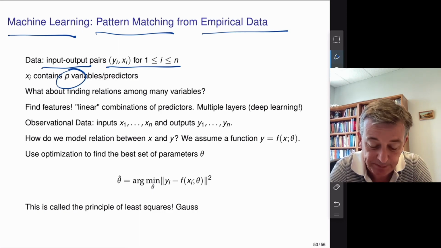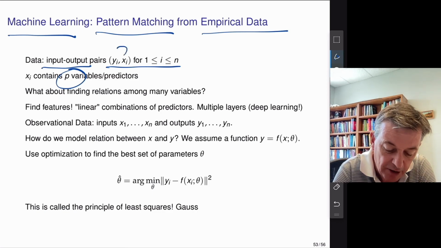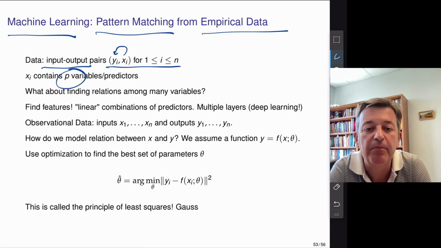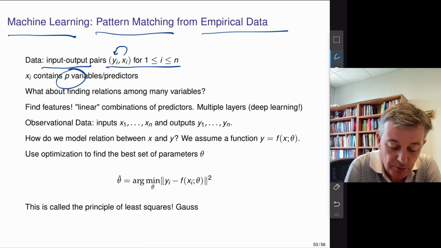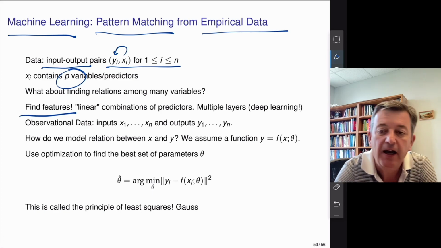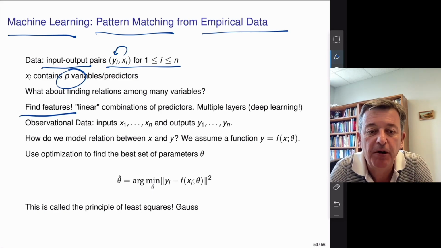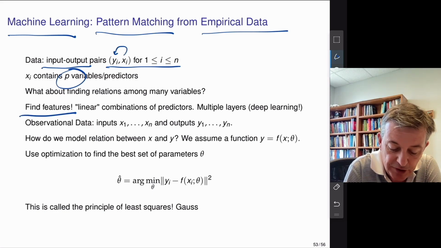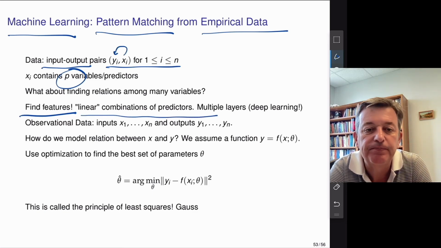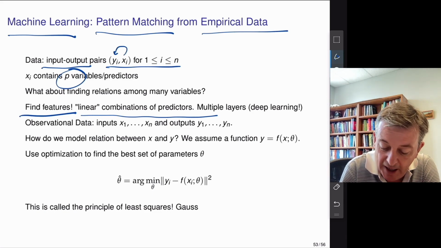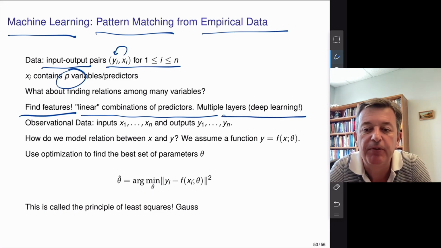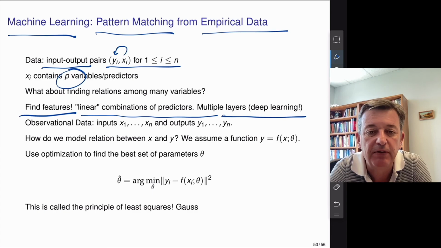And the whole idea is, how do my input variables predict my output variable? And you want to do what's known as find features, or what used to be called principal components. And so features are essentially just linear combinations of predictors that have significance in predicting Y. And the multiple layer version of that is something called deep learning, which we'll get to in the last week of class.